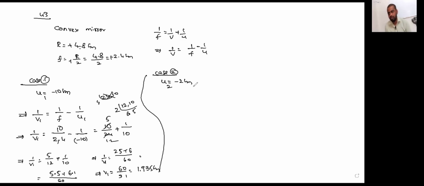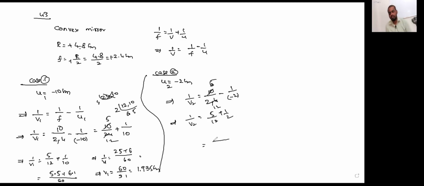And in case of v2, finding the v2 value, u is minus 2 centimeters. Same formula, 1/v2 is equal to 1/f, 2.4, minus 1/minus 2. After striking out this point, we'll get 10 in the numerator. Then 1/v2 is equal to 5/12 plus 1/2.